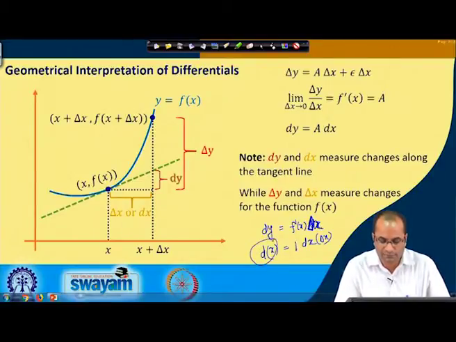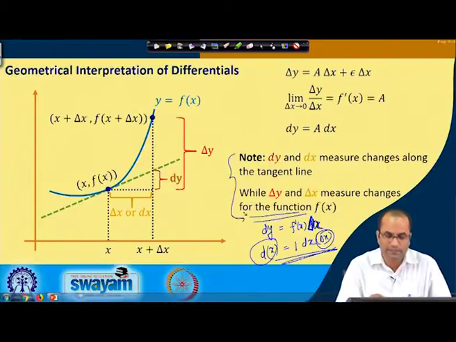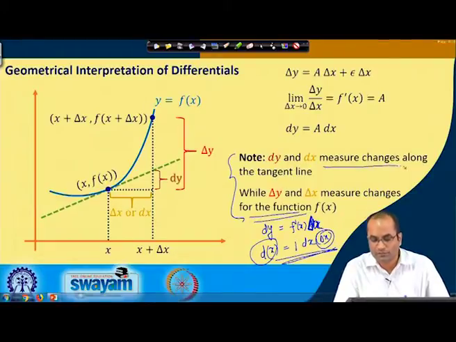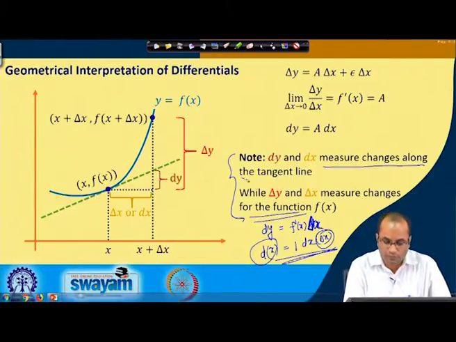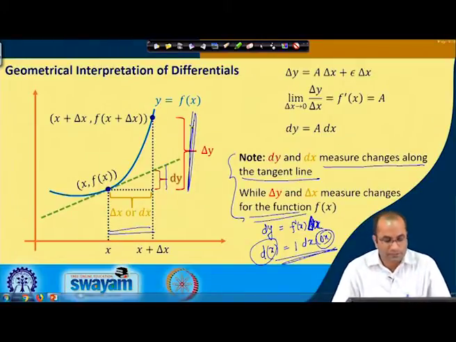So, dx will become just delta x, or we can understand from this note that dy and dx measure changes along the tangent line. So, we have the dx and the dy, and then again delta x and delta y.